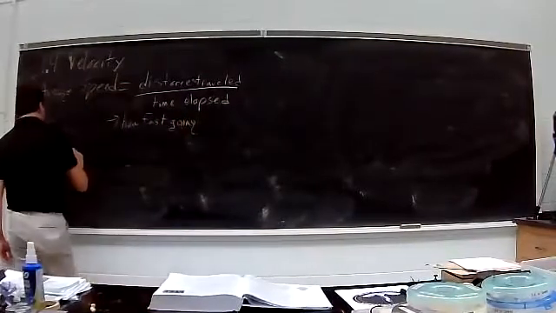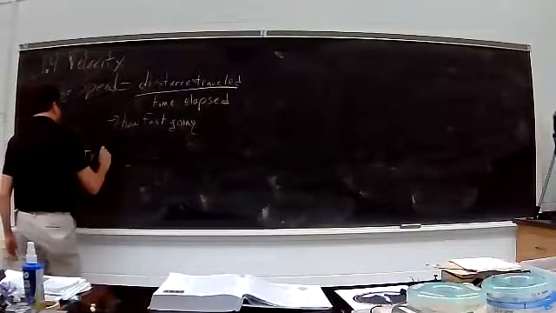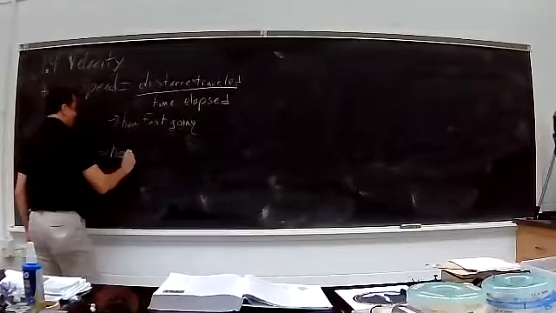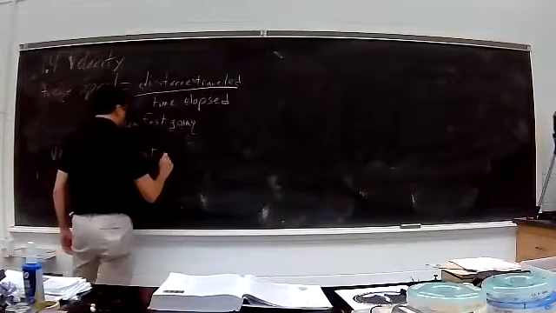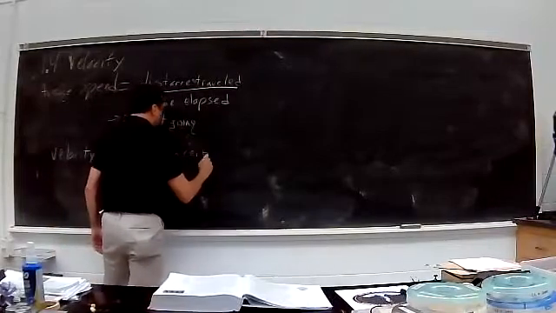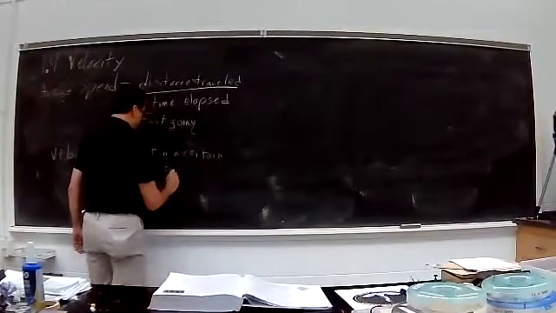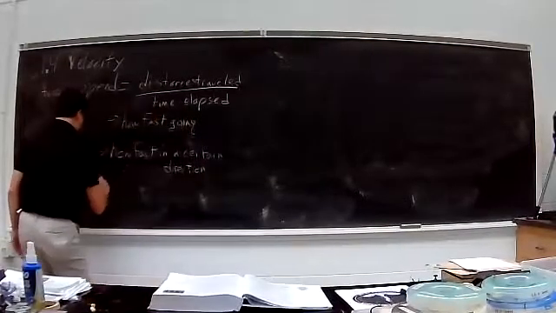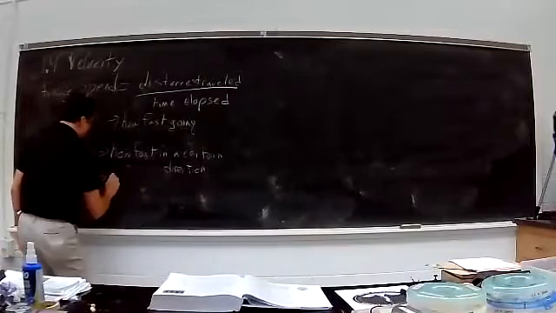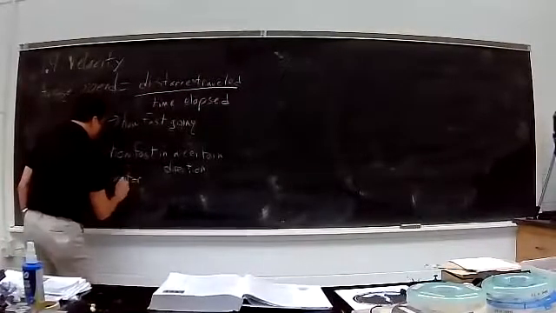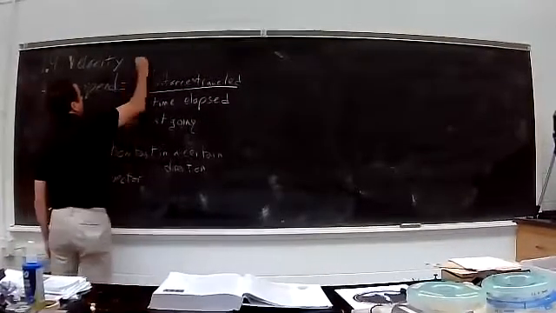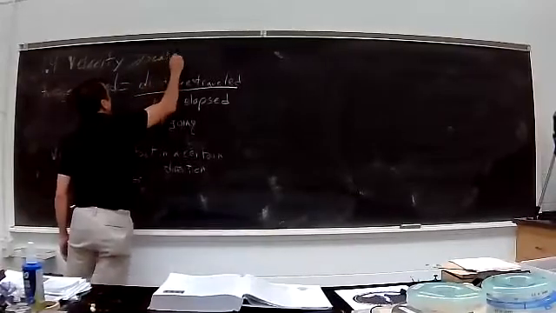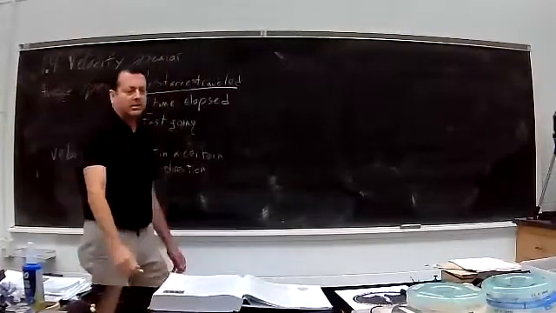Velocity, as I said the other day, is how fast in a certain direction. Velocity then, since it's got direction and magnitude, is a vector. Speed only has a magnitude, so it's a scalar.